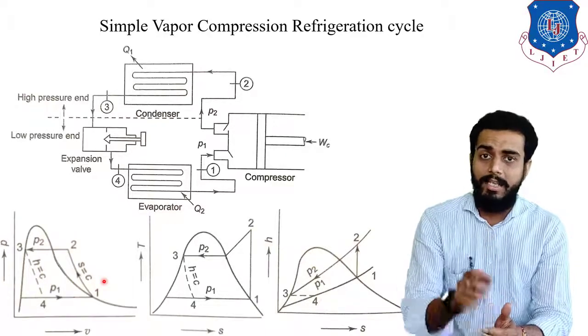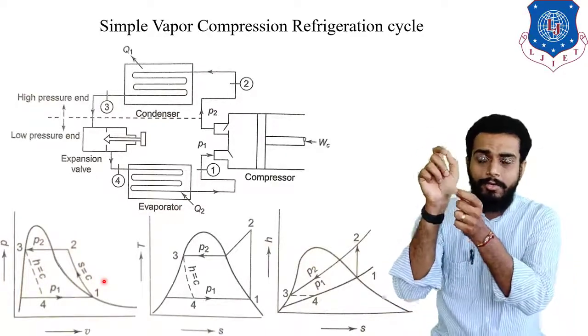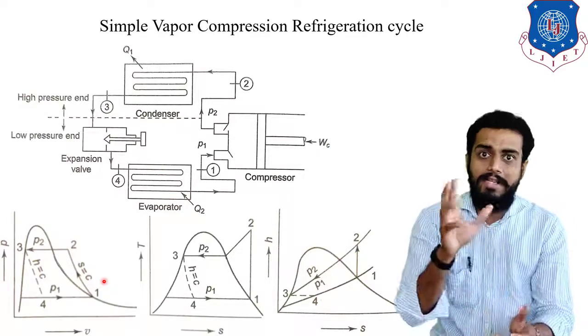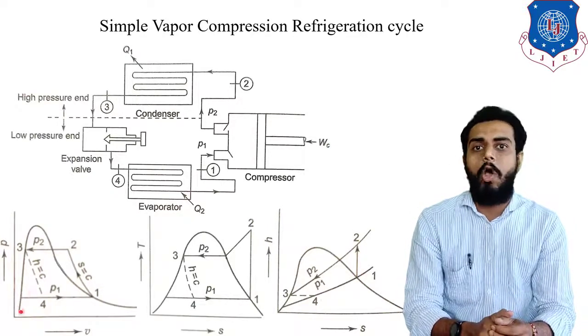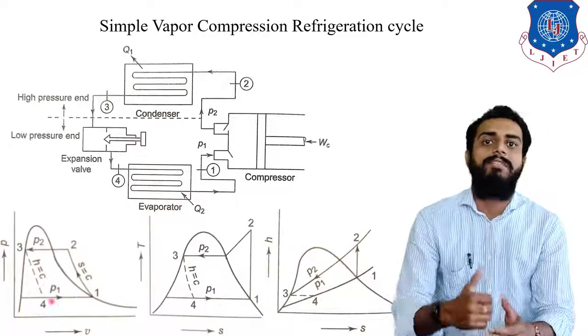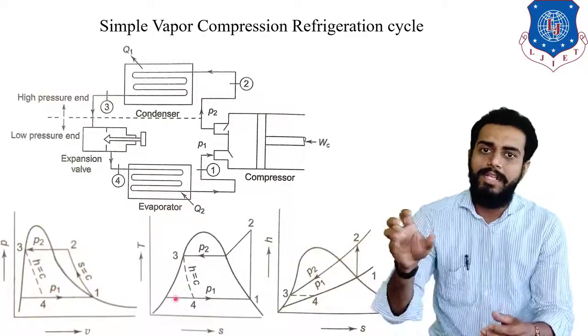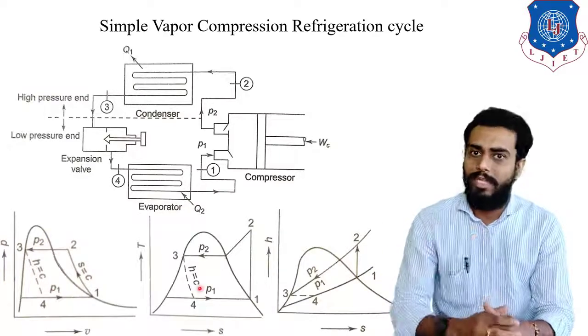That is why you can see line 3 to 4, and point number 4 is in the wet region. Wet region means what? It has a combination of liquid plus vapor. So that is the practical scenario, and that is what point number 4 is.